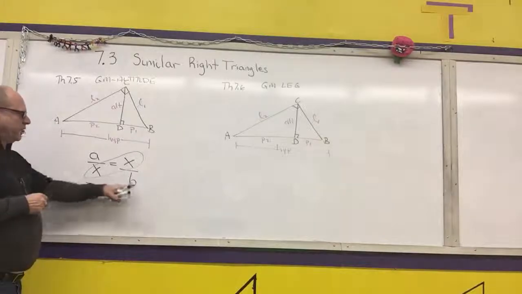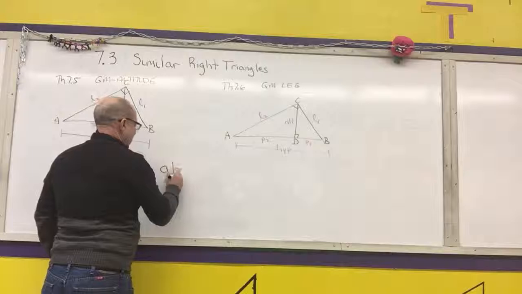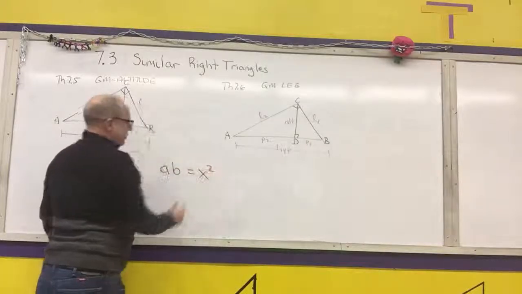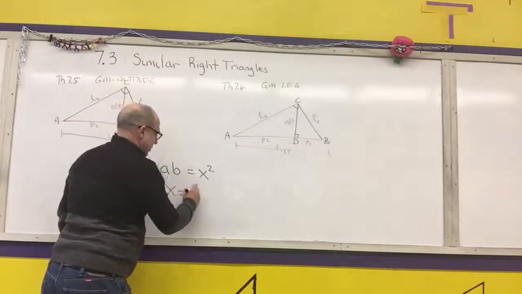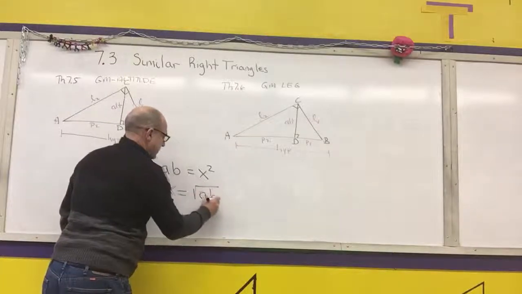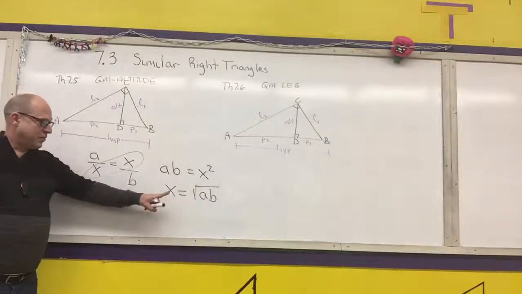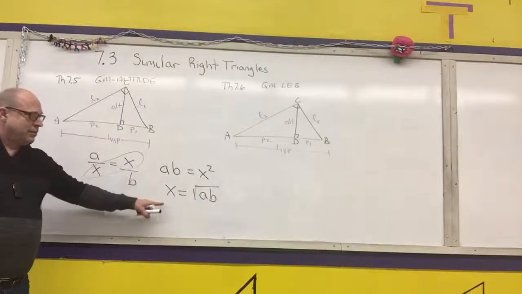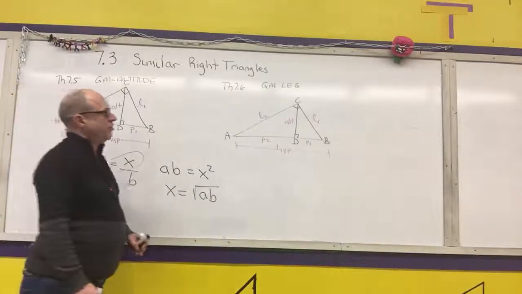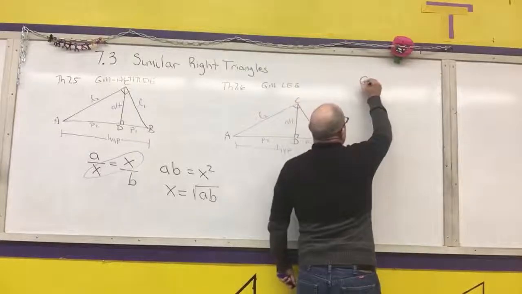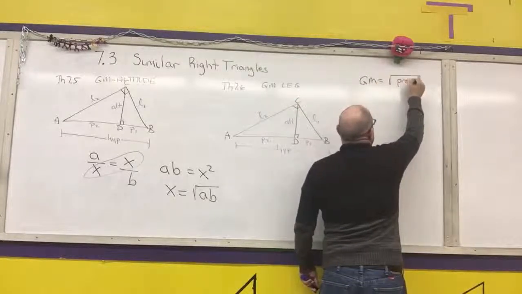So what I'm going to do is I'm going to cross multiply, and that gives me AB equals X squared, and I'm going to solve for X. And this is what it means to be a geometric mean. A geometric mean, which is X, is the square root of a product. So a geometric mean is equal to the square root of a product.